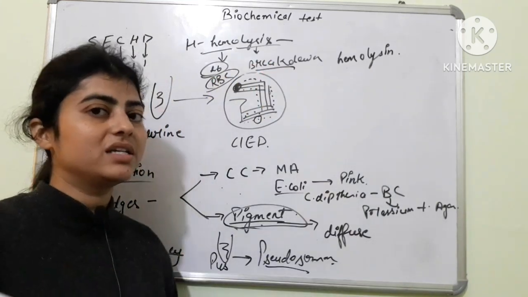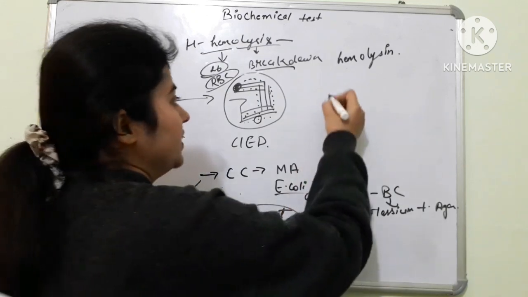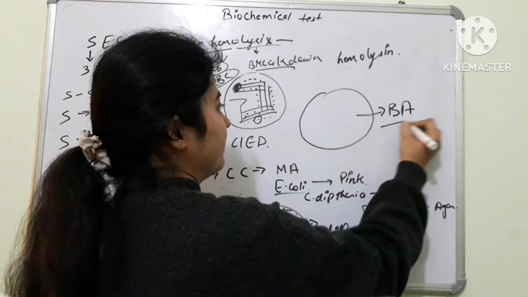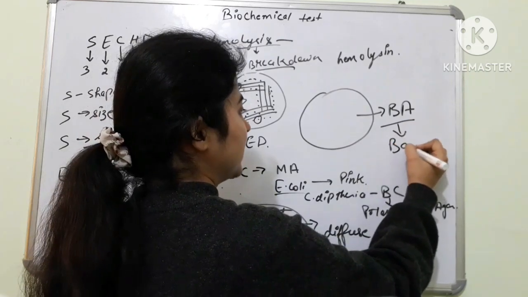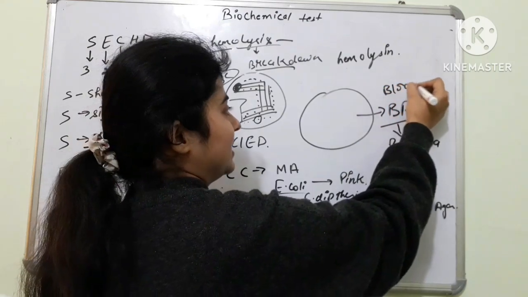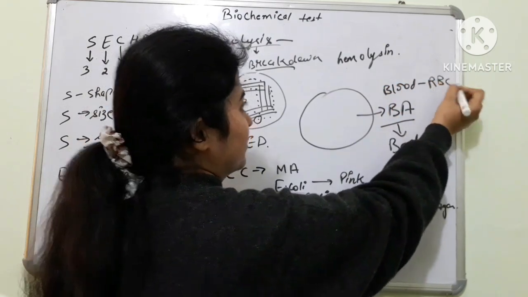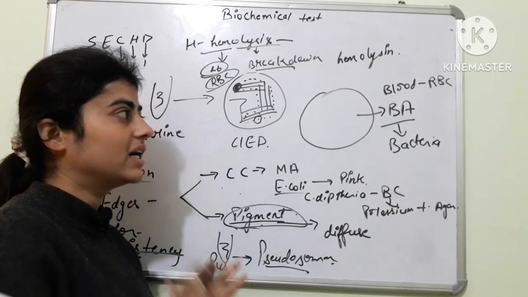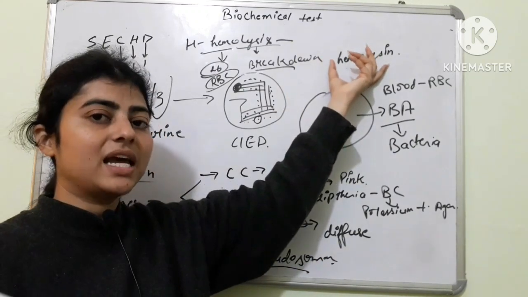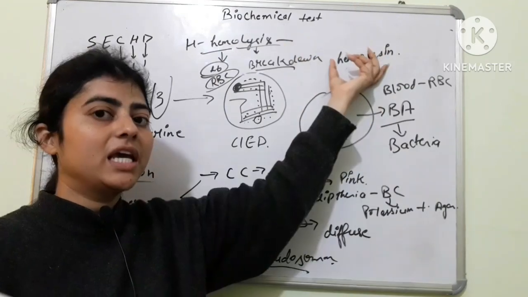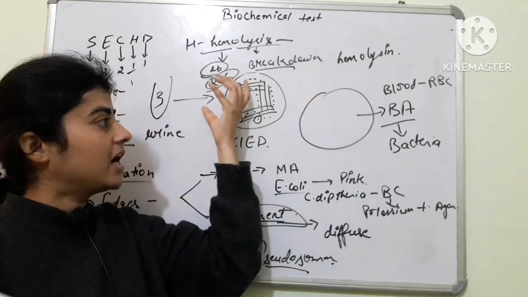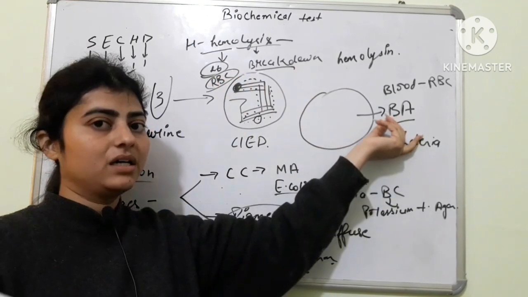Now from where do these RBCs come? We use blood agar to grow our bacteria. This blood agar contains blood, and blood contains RBCs. There are certain types of bacteria that contain the enzyme hemolysin, which breaks down the RBCs present in blood agar.